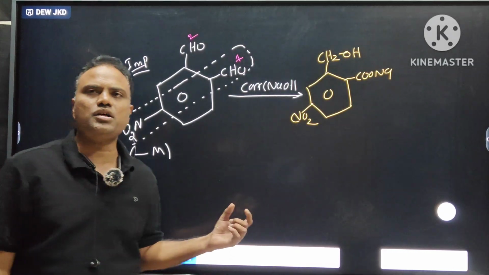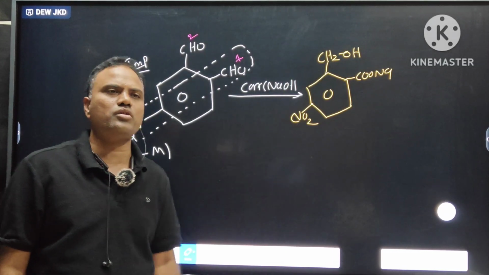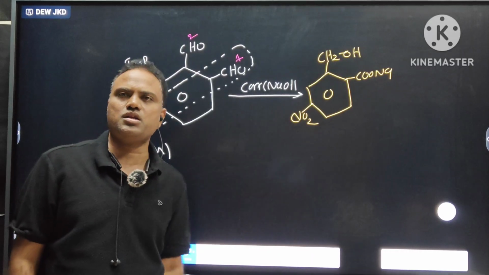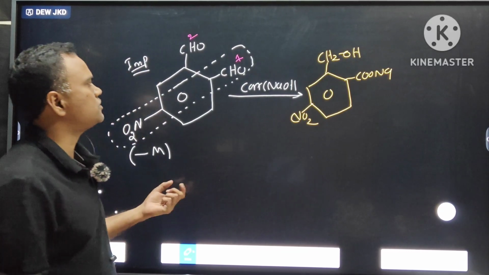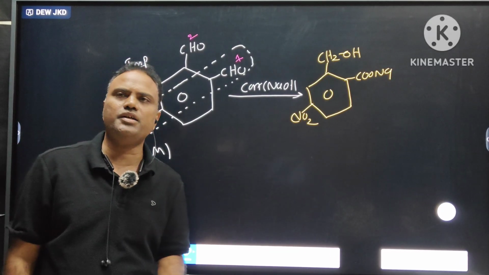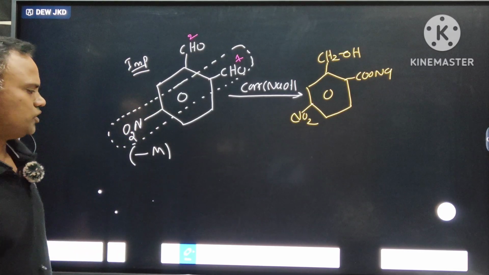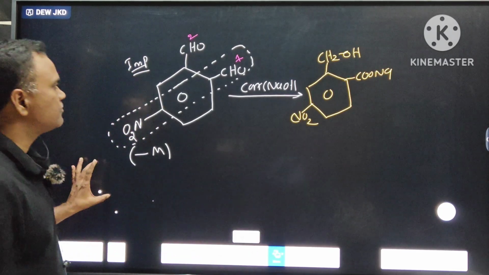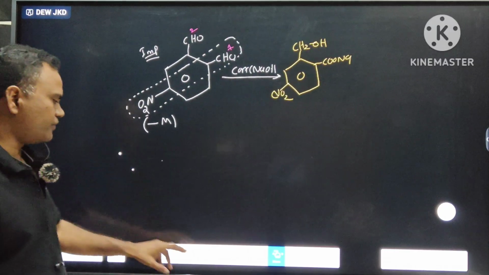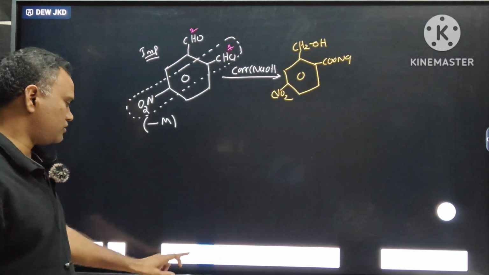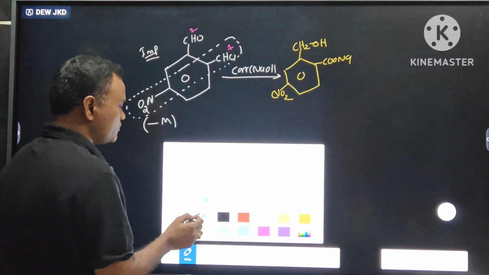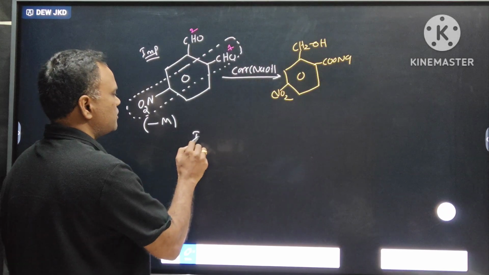This is actually an internal Cannizzaro reaction. I gave it under a general example only. Actually, we have to discuss this under a separate heading, internal Cannizzaro reaction, but we can go without any heading. This is a category of internal Cannizzaro reaction. Right, one more example, one more important example.